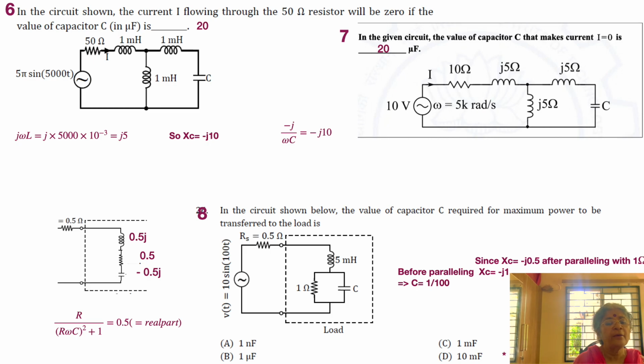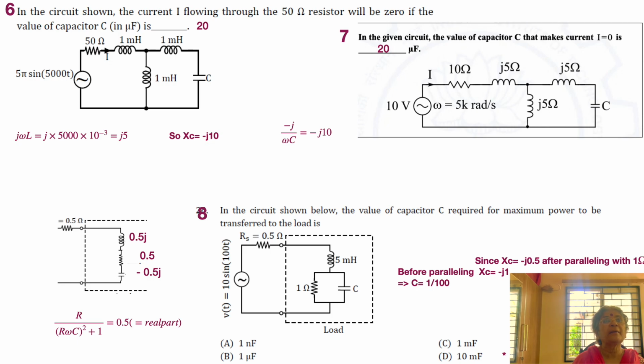So j5 happens to be the inductance in both branches. Now we also need to have minus j5 in the branch parallel to the j5 inductor, or in other words, it should be j10. The capacitance should give rise to a reactance value of minus j10, such that minus j10 plus j5, because they are in series, will give you minus j5.